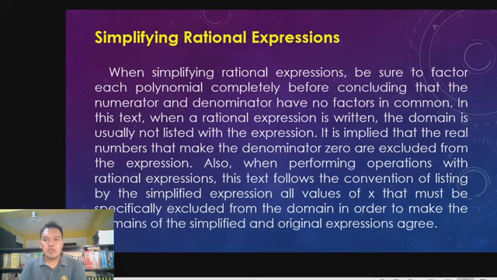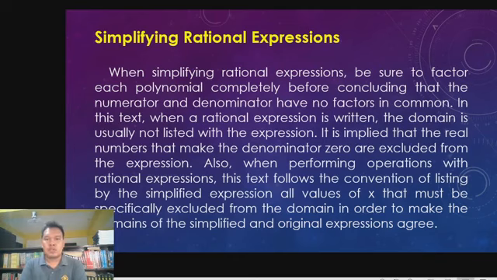In this text, when a rational expression is written, the domain is usually not listed with the expression. It is implied that the real numbers that make the denominator 0 are excluded from the expression. So usually when we see a rational expression, we see x is not equal to this or that. Because we make sure that the value of the domain will not produce a zero denominator.